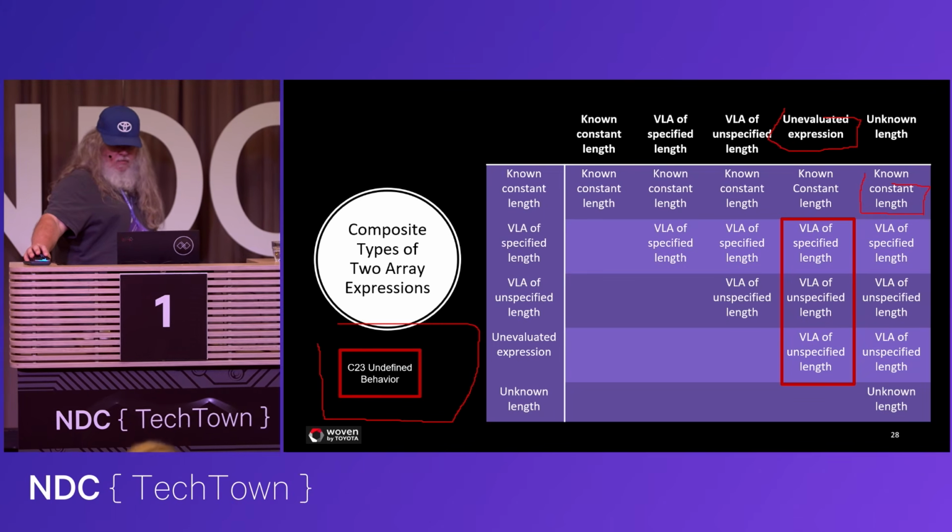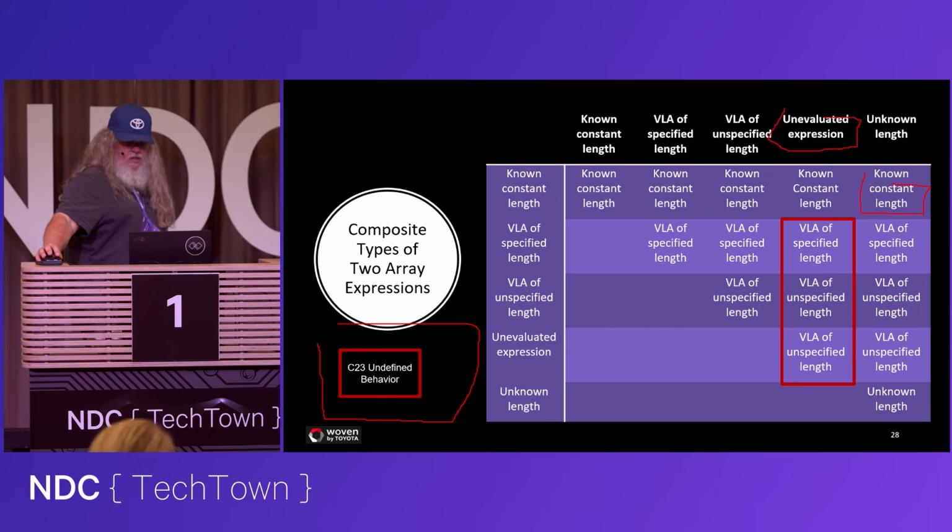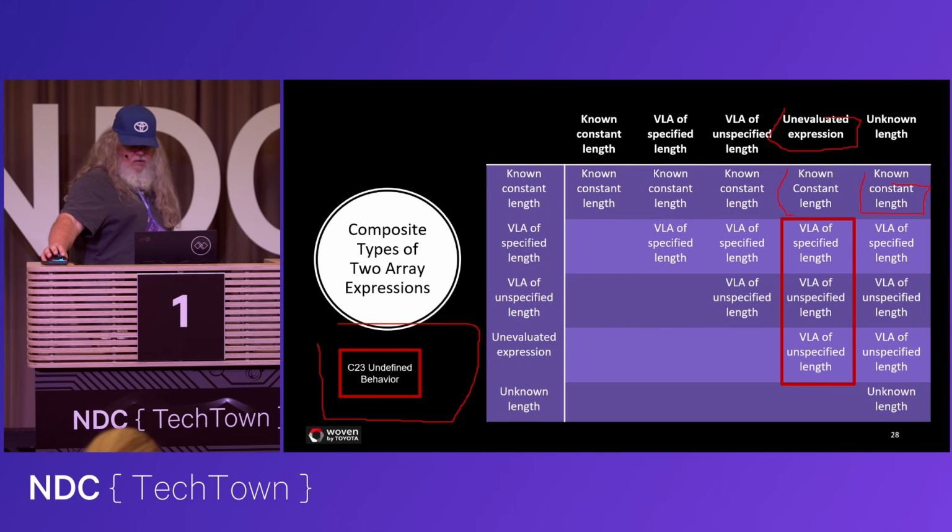If one of the array elements has known constant length and the other's unevaluated, that's a well-known answer. The composite type has a known constant length. But if one of the arrays is a VLA of specified length, of unspecified length, or unevaluated, in all three cases, in C23 you have UB.